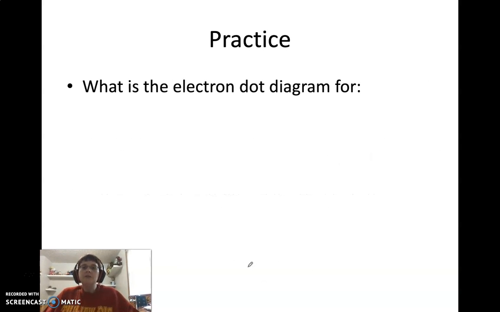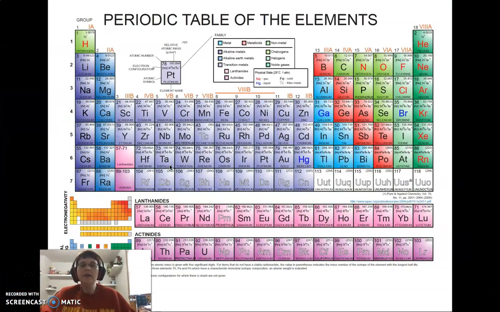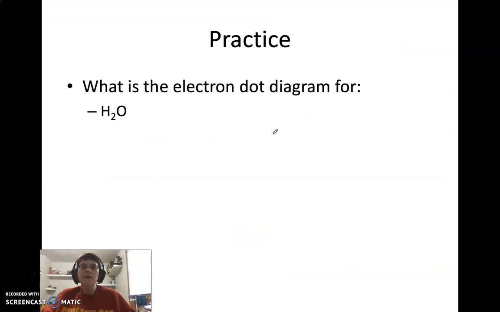So let's do some practice. What would the electron dot diagram look like for water? If we take a look at our periodic table, we know hydrogen has just 1 electron. And oxygen is in group 6A, so that means it has 6 electrons in its outermost valence.